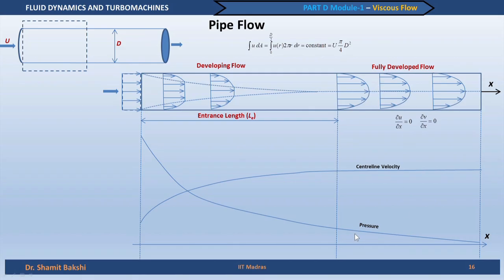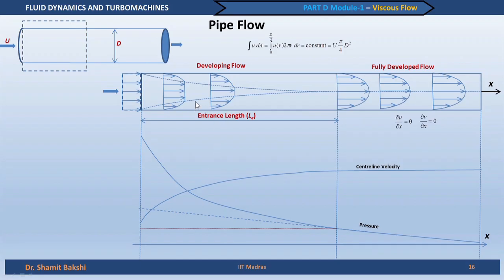If you observe carefully, you will see this drop is actually linear. This part of the curve is a straight line, and if we extrapolate that straight line into the entrance region, we can have a good estimate of the frictional pressure loss in the entrance length.